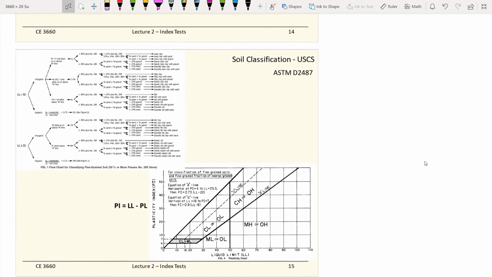So the USCS classification is documented by ASTM D2487. We will do the classifications according to this standard.